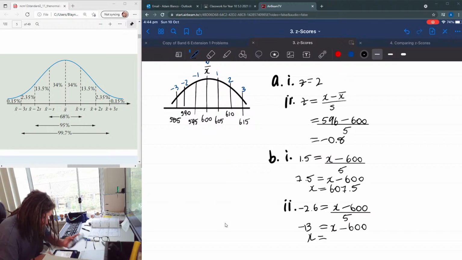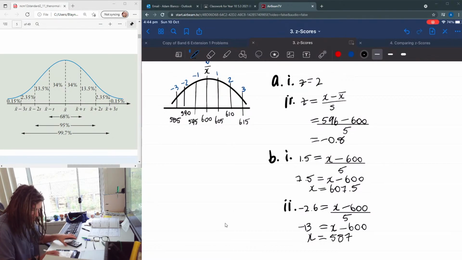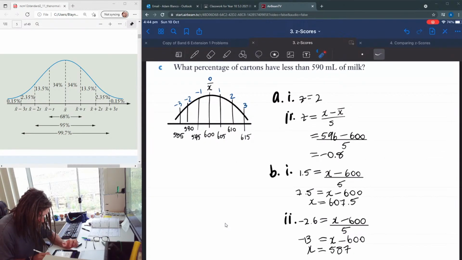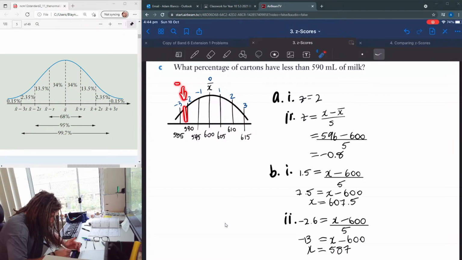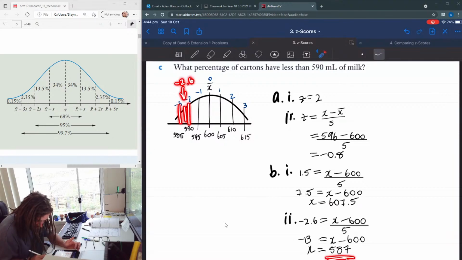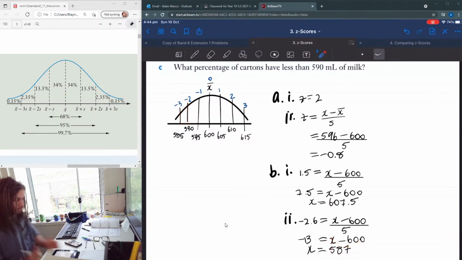Okay, and then I add 600. I got 587. So think about this: minus 2.6 of a Z score would sit around there. That means my score needs to be between 585 and 590. 585 and 590, that seems pretty correct to me.